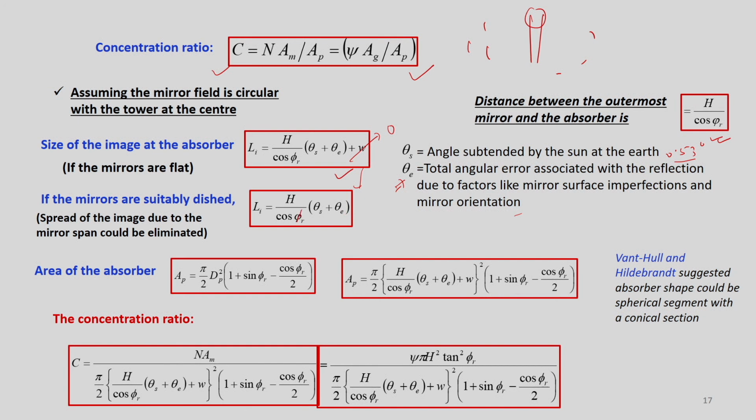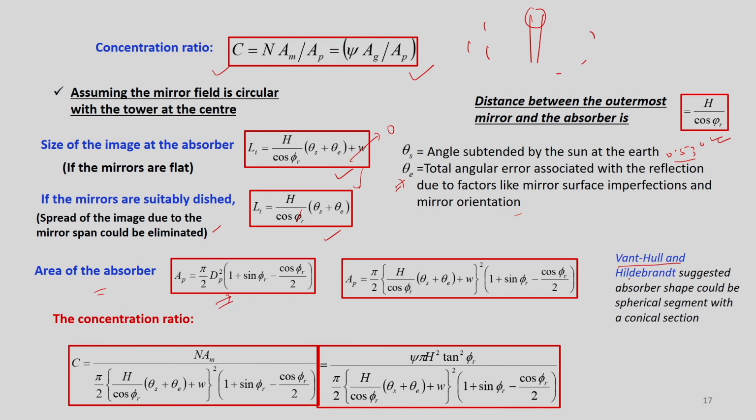At what condition can we remove this? The spread of the image due to the mirror span could be eliminated in the case of a suitably dished system. If the mirrors are suitably dished, we can use this expression under this condition where omega, or W, will be 0. The area of the observer can be calculated using this expression, because this configuration is something different.